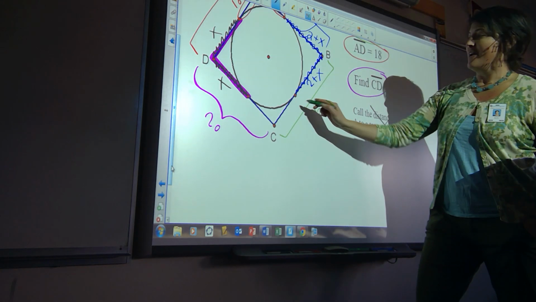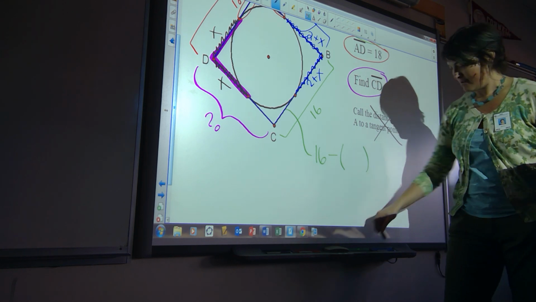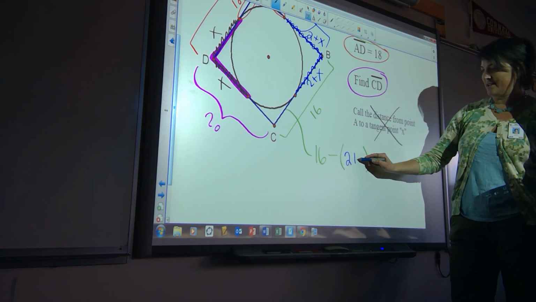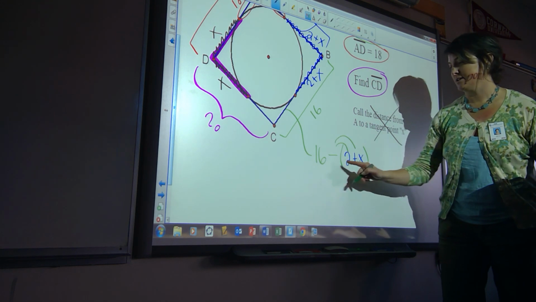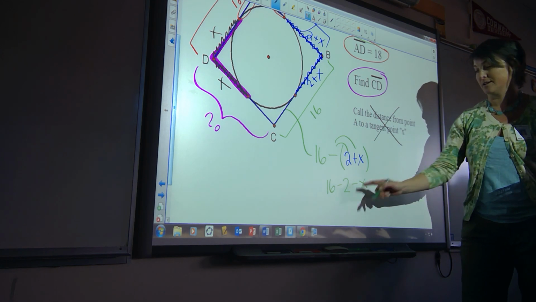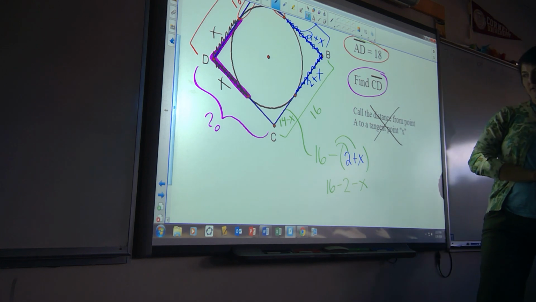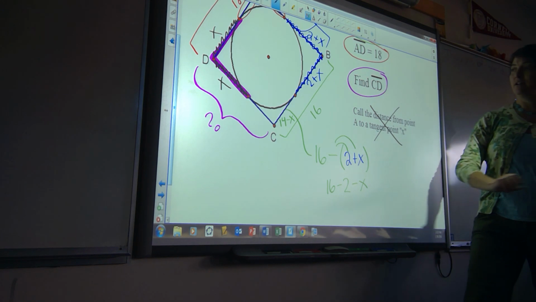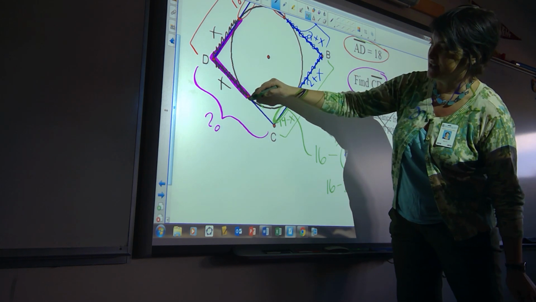That's going to be 16 take away the 2 plus x, but I got to distribute that. So it is 16 take away 2 take away x, which is 14 take away x. So far, so good? Okay, so if this is 14 take away x, how big is this one?